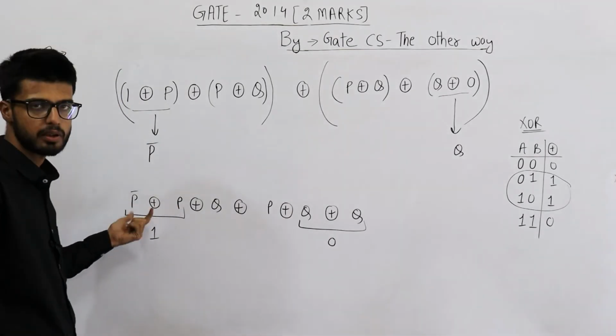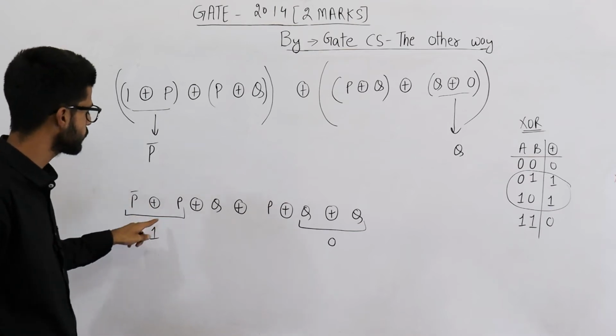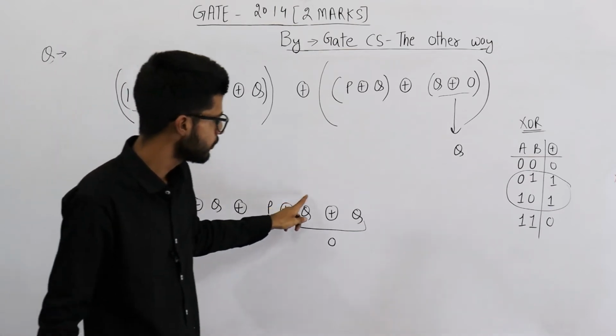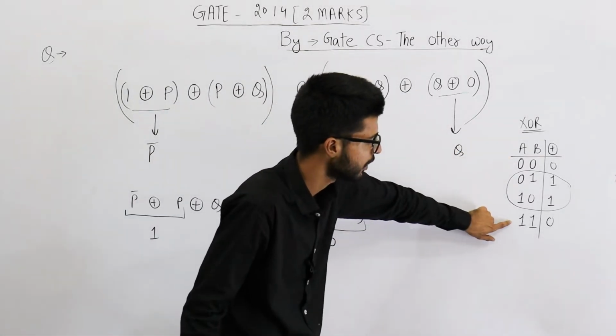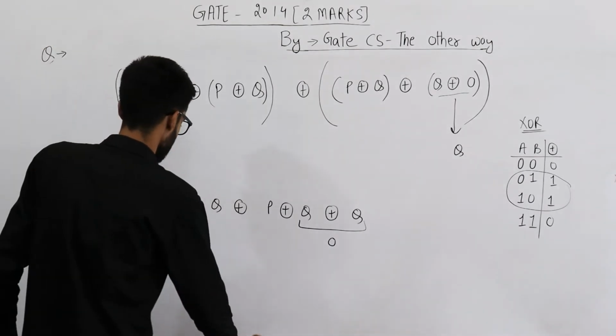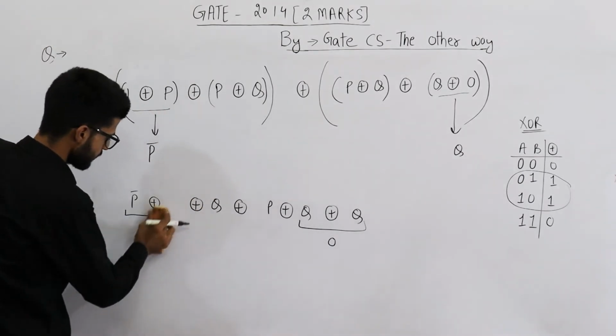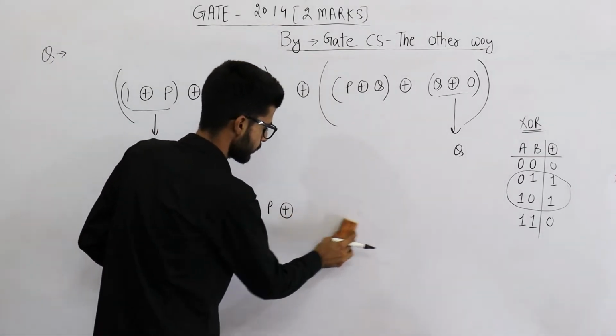P bar and P, they will be complement of each other. That means either 0, 1 or 1, 0. So when inputs are different, output is 1. When inputs are same, output is 0. Inputs are same, 0, 0 or 1, 1, the output is 0. So this means I can just write 1 here and I can just write 0 here.